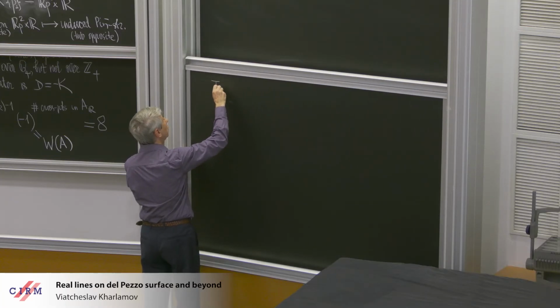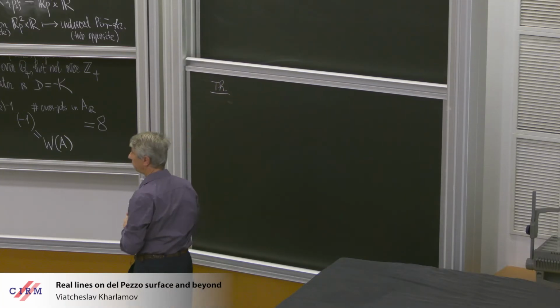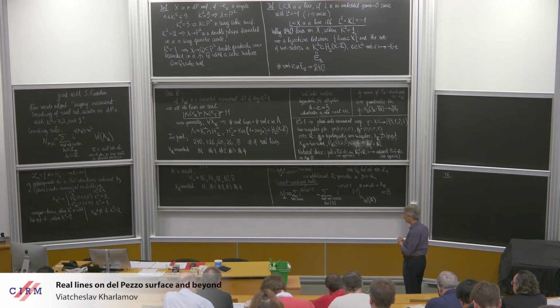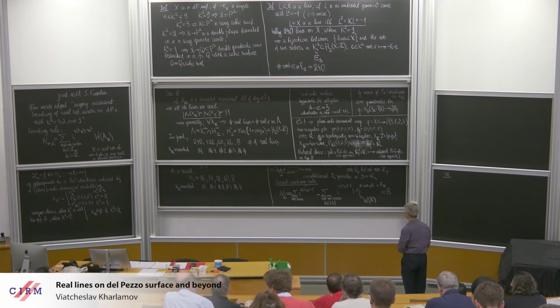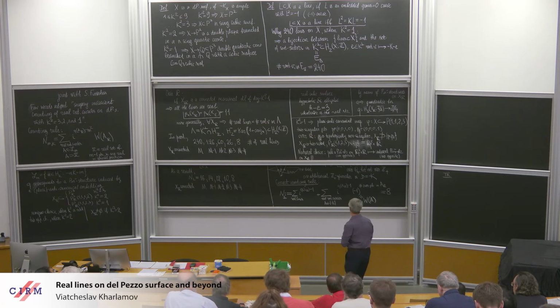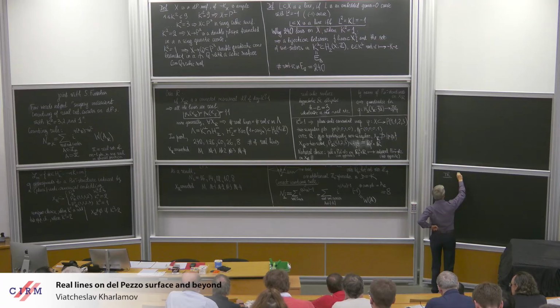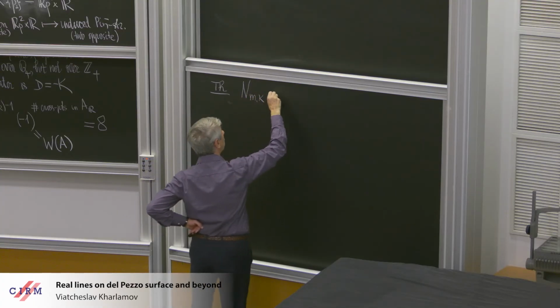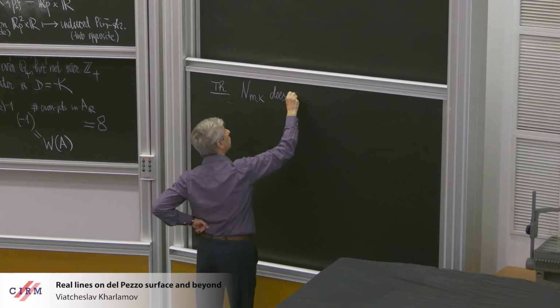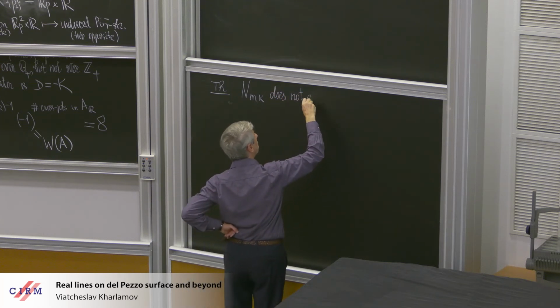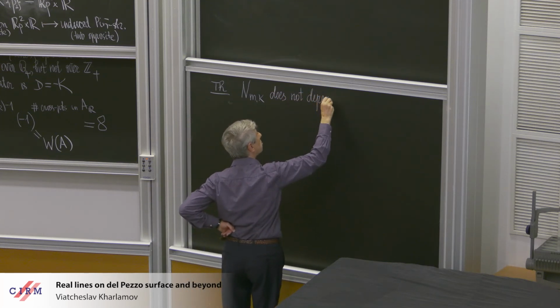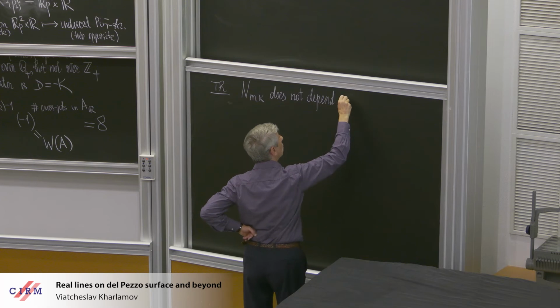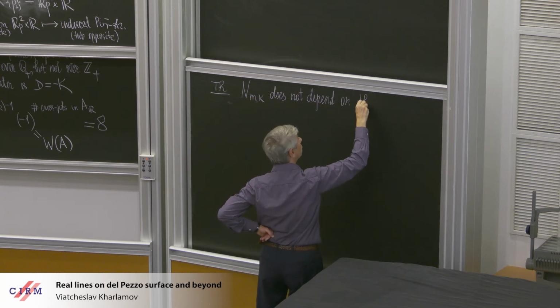So now the main theorem is that with such a choice, the count doesn't depend on the real structure.